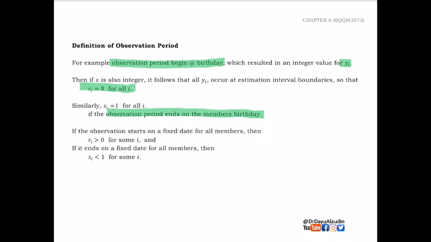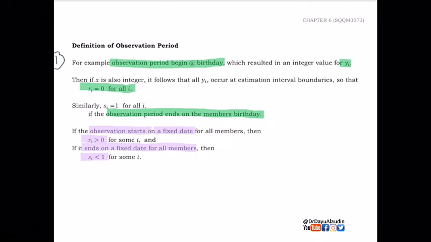It doesn't have any point behind the Ri and Si because we follow the member birthday. If the observation starts on a fixed date, Ri for all members will be greater than 0, and Si will be less than 1 if it ends on a fixed date for all members.